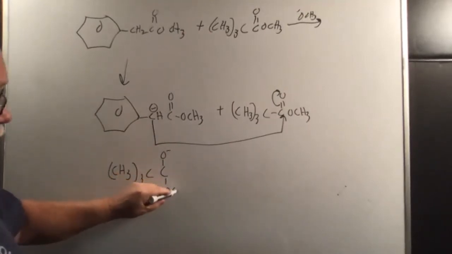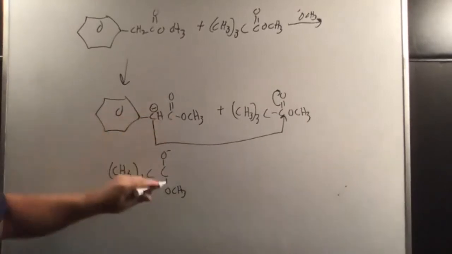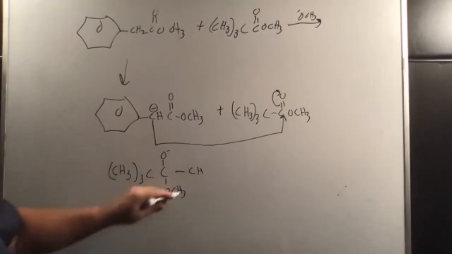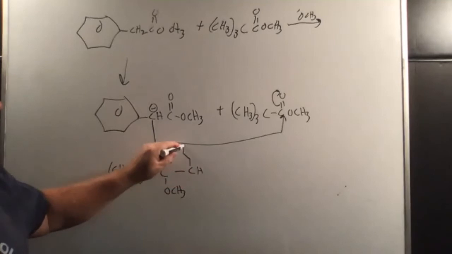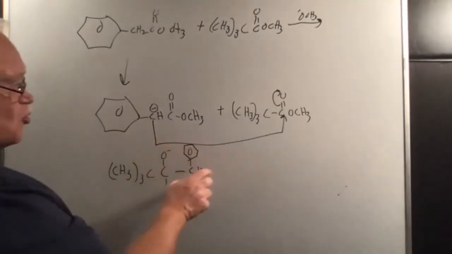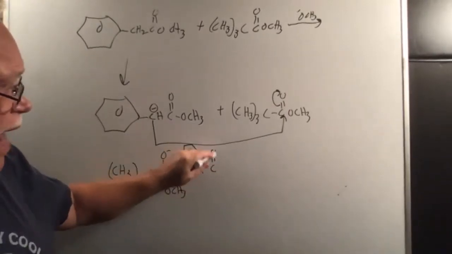I'm going to write my OCH3 down here, and then I'm going to hook it to this piece. So there's my CH. I'll put my phenyl group either up or down. I'll put it up out of the way. And I like to keep my ester group in line on the same chain. So notice I have this.